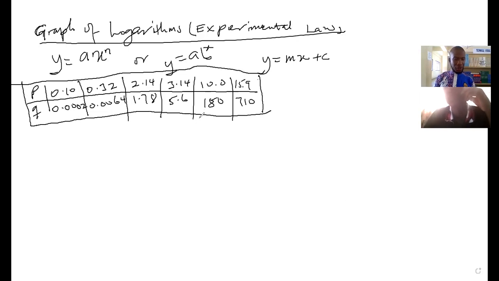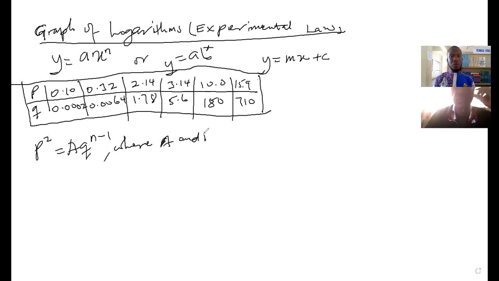Under it, they said the variables P and Q are connected by a relation of the form P squared equals A Q exponent n minus 1, where A and n are constants.